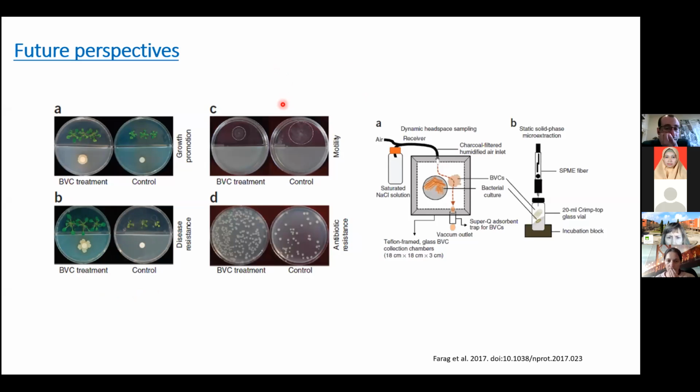But there are also some studies checking, for instance, the effects of volatile organic compounds on bacterial motility, and then on their swarming effects and on antibiotic resistance also. So I think it will be very interesting to see more studies on the role of volatile organic compounds on the bacterial tolerance to metals, but also on how specific ones improve, for instance, degradation or bioremediation.